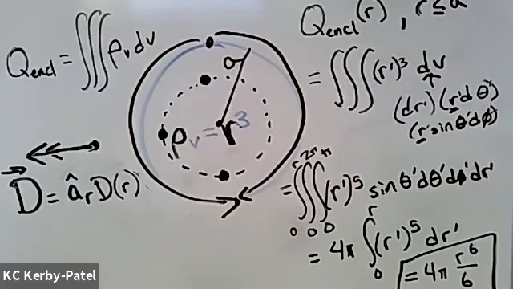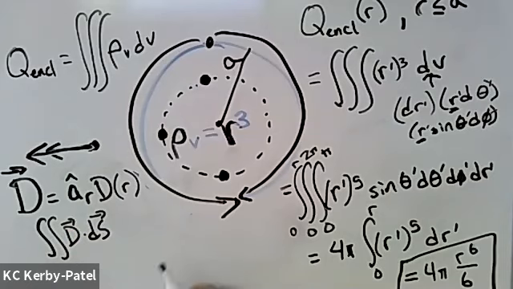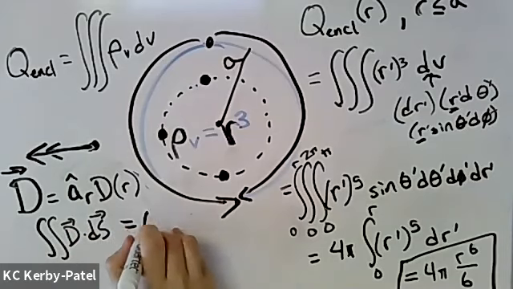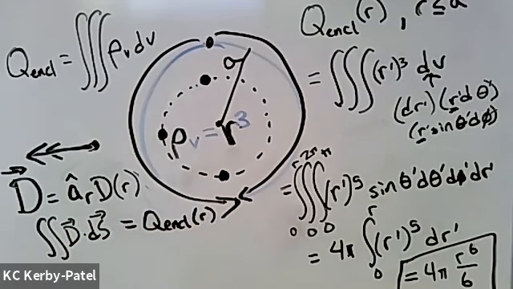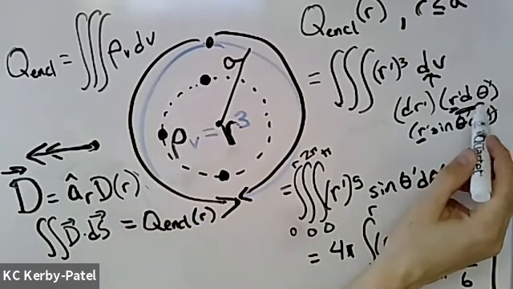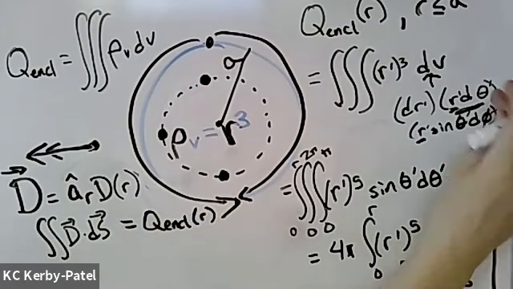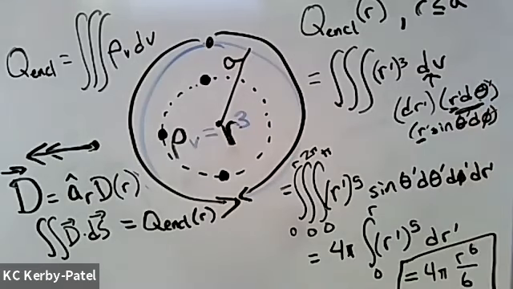Now we can do Gauss's law, right? Because what we have to do is the flux integral D dot dS and set that equal to Q enclosed of R. dS here is just the R d theta. Oh, I see what happened. Yeah, that one should have been a, no, that one's a, it's like that. Yeah.